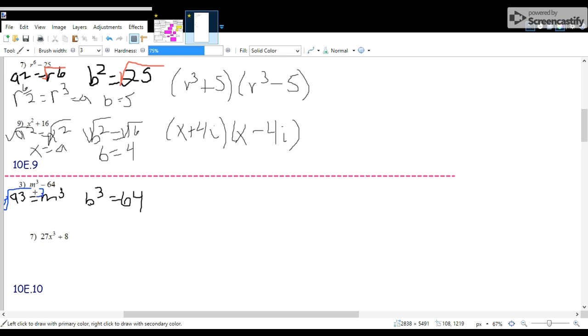So take the cube root of this one, take the cube root of the other one. Okay, the cube root of m to the third power is the same thing as m to 3 over 3. That's m to the first power, also known as m. So a just equals m. Okay, the cube root of 64 is 4, because 4 times 4 times 4 equals 64.